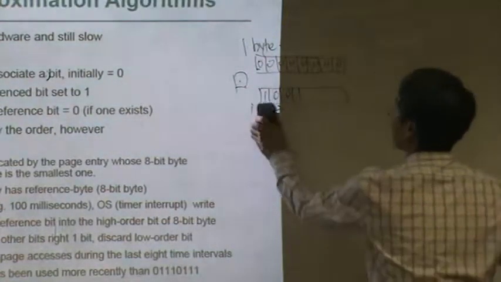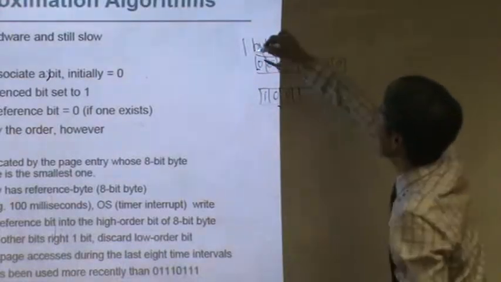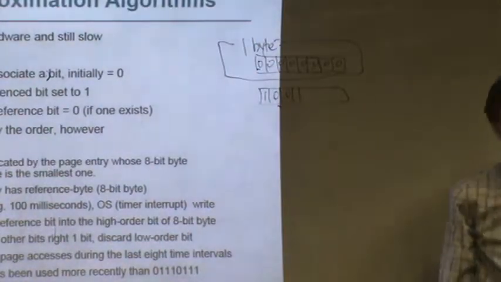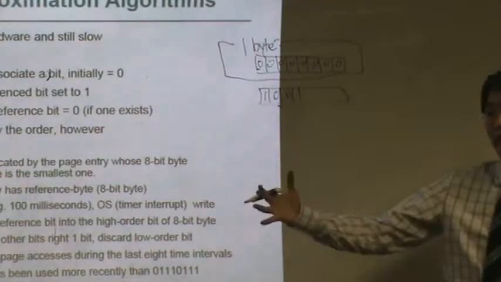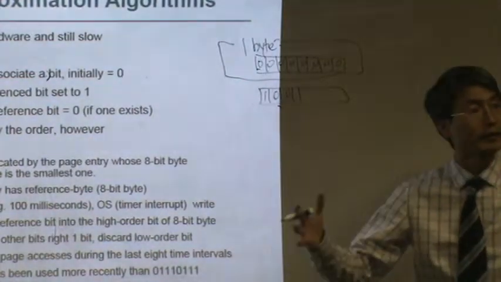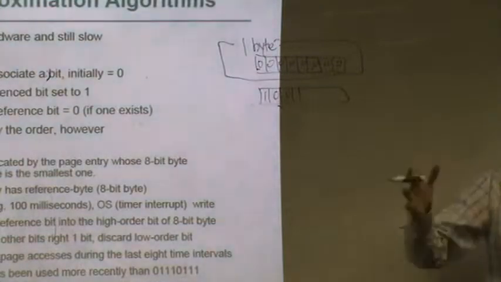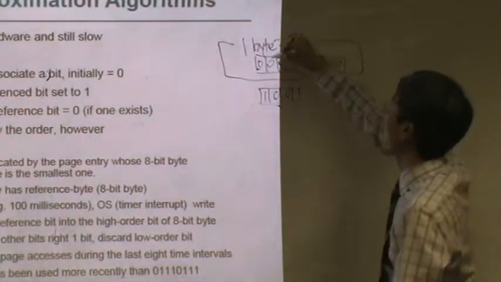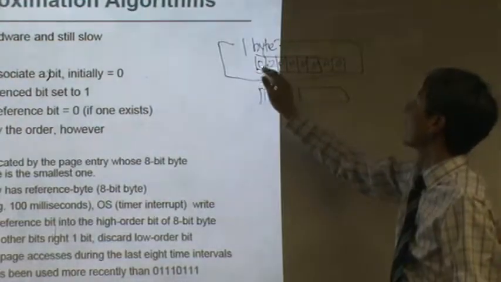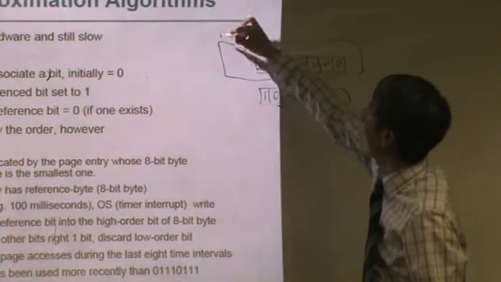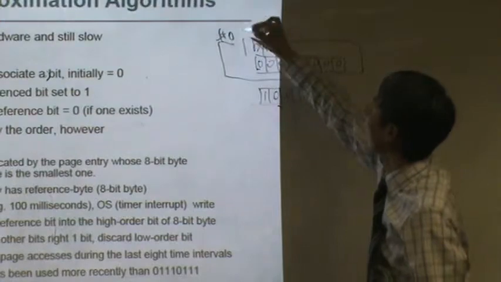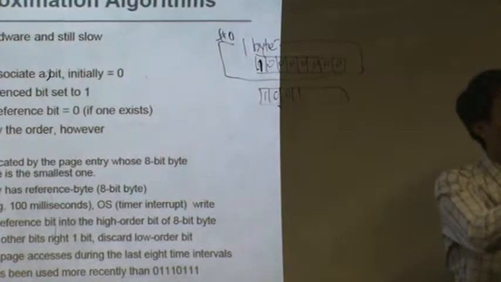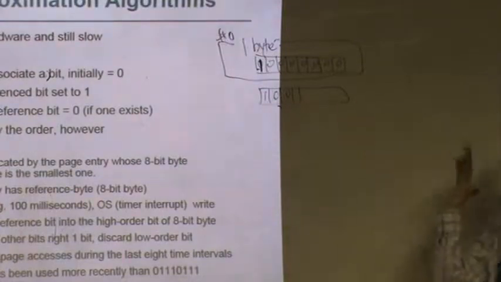How? If the page has such an 8-bit reference bit, it can be 2 bytes, or even 3 bytes if we want to manage more. So let's say it's a 1 byte reference bit, 8-bit data. If page frame number 0 is referenced, we change the first bit to 1, then shift right.